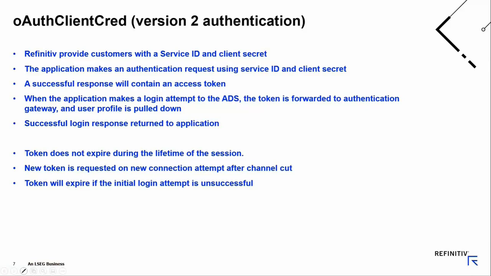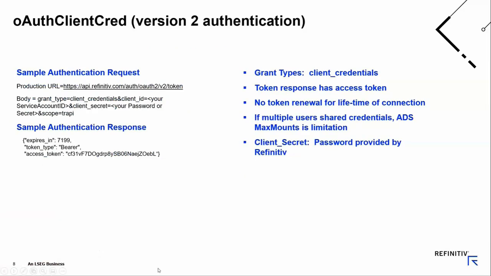And then if we move on to the last slide of my section, this is showing a sample authentication request, so what that will look like, and the response which gets returned. You can see the URL there for the data platform.